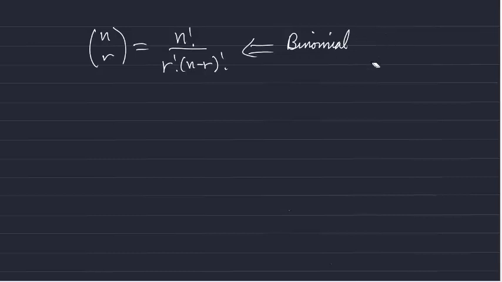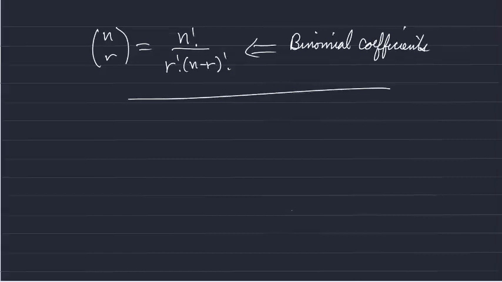And we'll talk about those soon. I need to add another bar under my equal sign because this is what defines this symbol here, this parentheses with the n over r.